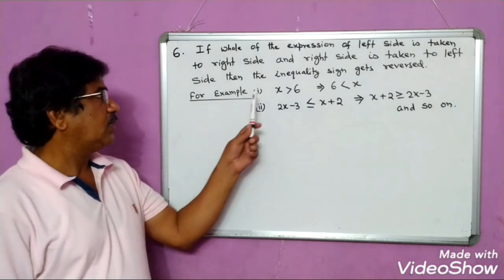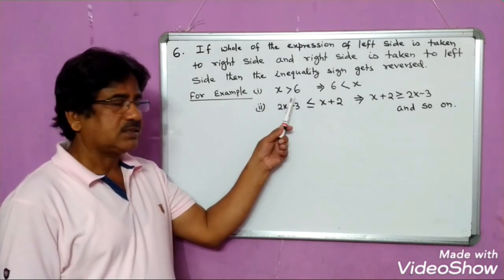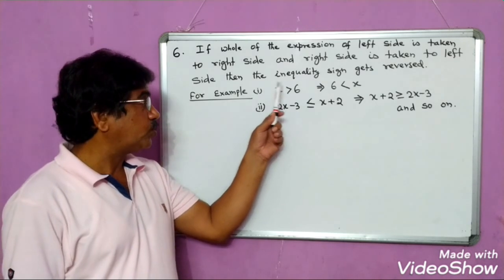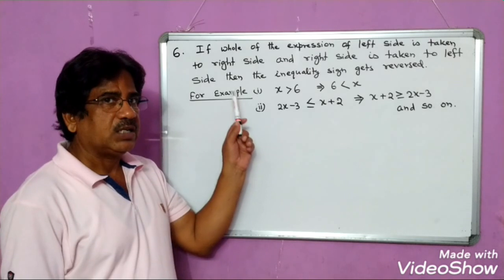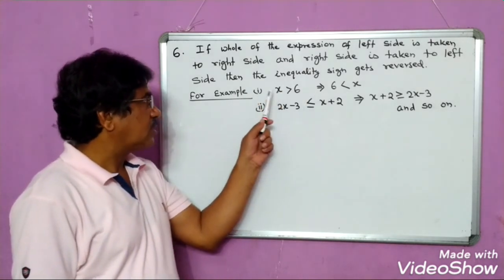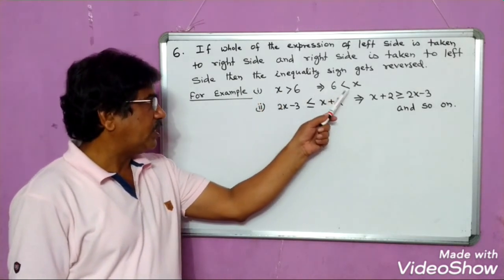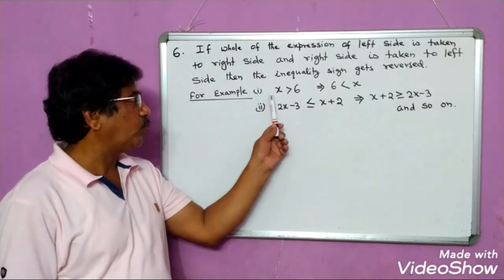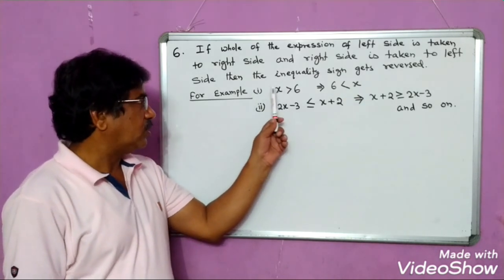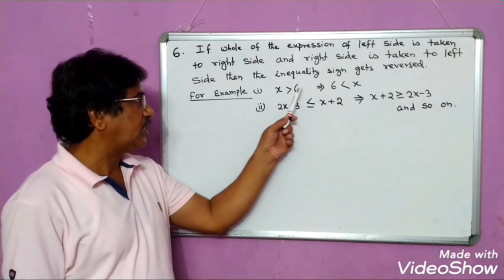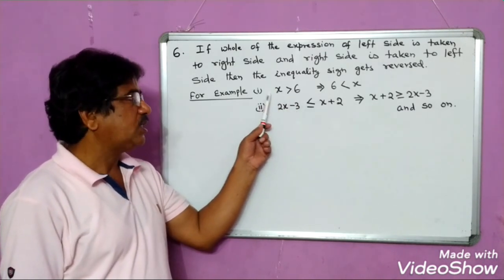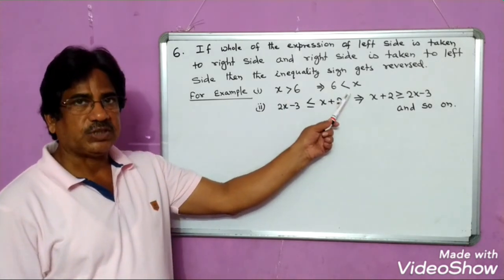For example, suppose x is greater than 6. Now I am taking this x to the right side and going to take 6 to the left side. So as per the rule, this 6 will now be less than x, because I have taken the whole of the left side expression to the right side and the right side expression to the left side. So the inequality sign will change.